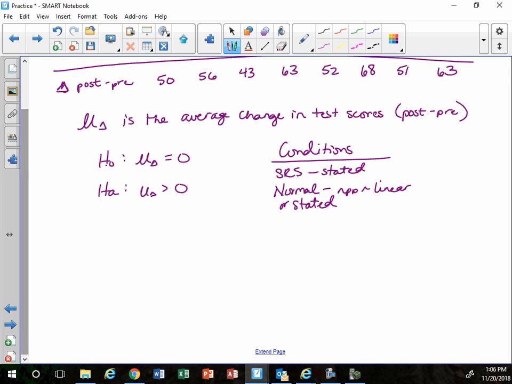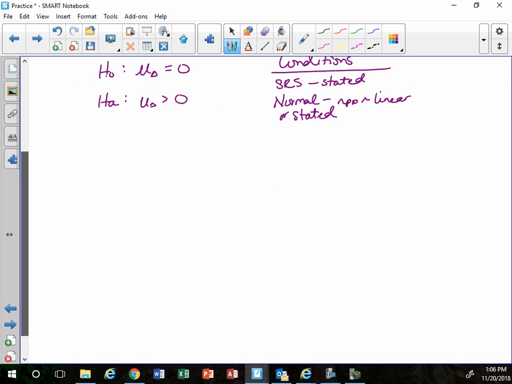To actually do the hypothesis test, we need some info here. I need X bar of the change, I need S of the change, and I need sample size of the change. How might you go about finding those things? Something you haven't done for a while. Your calculator's going to do it. The one variable statistics. So you're going to do one var stat of what though?